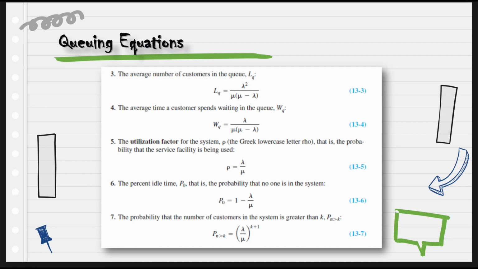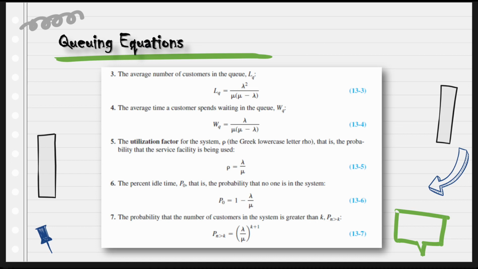Fifth, the utilization factor for the system, or rho, the Greek lowercase letter, that is the probability that the service facility is being used. So the formula would be rho is equal to arrival rate divided by service rate. Sixth, the percent idle time, or P sub 0, that is the probability that no one is in the system.